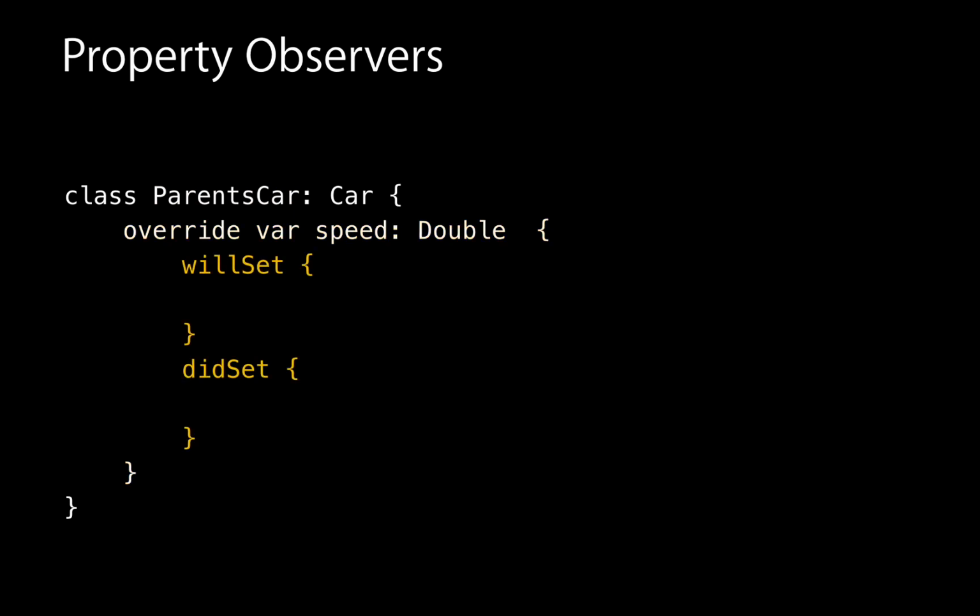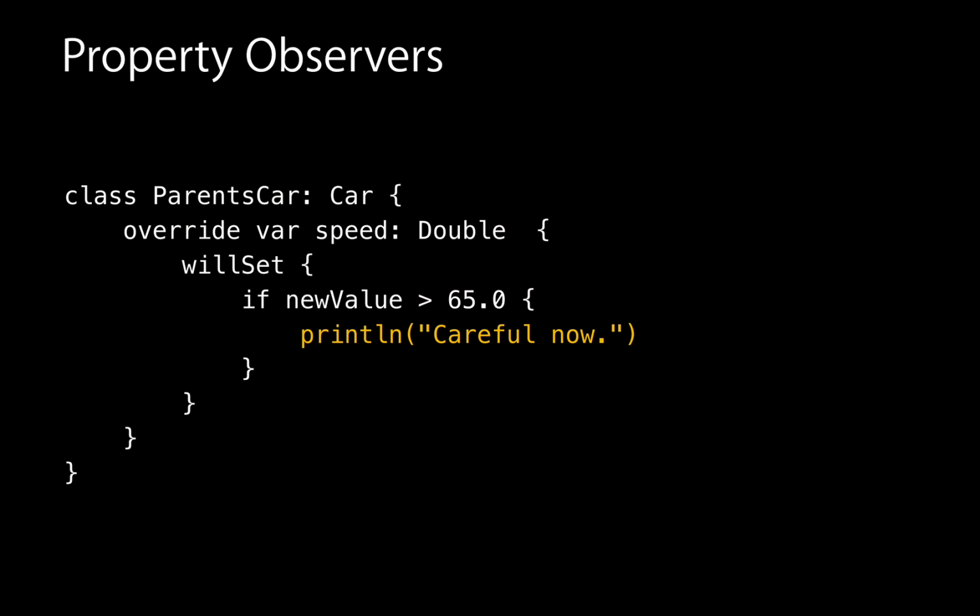We'll provide either a willSet or a didSet observer. willSet is called just before, didSet just after the value changes. willSet gets a newValue constant that you can use within the body of this observer. didSet gets an oldValue constant, so you can see what the value was before it changed. In this case, we'll just use willSet, and we'll use that newValue constant to keep an eye on the speed of this car. And if it goes over 65 miles an hour, we'll issue a warning. Careful now.